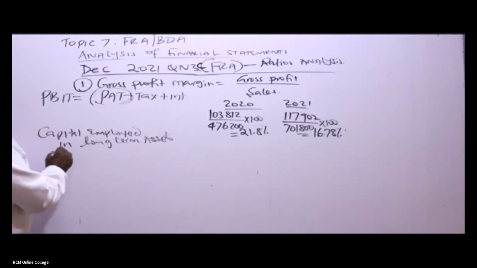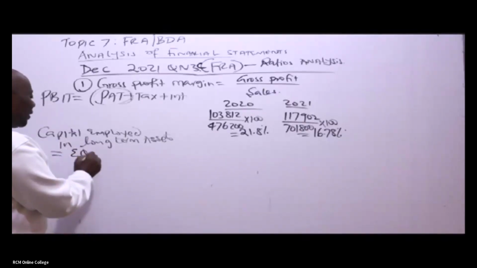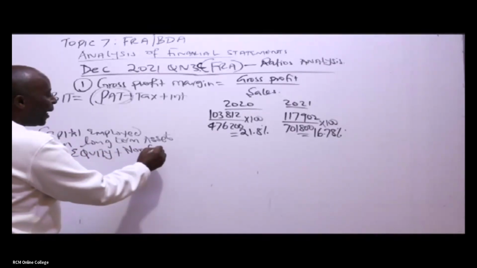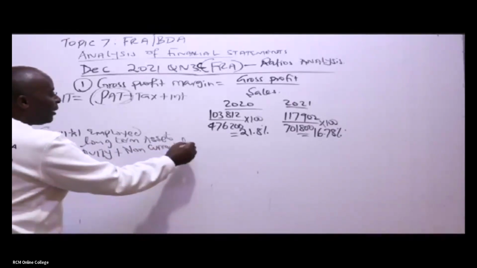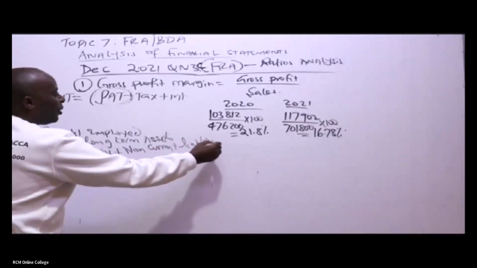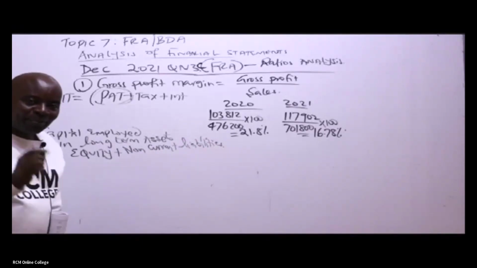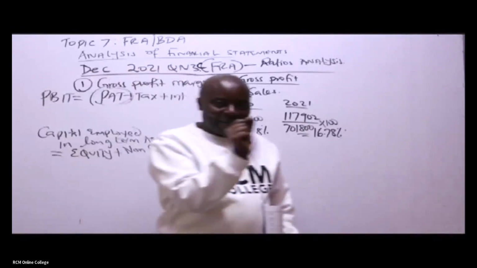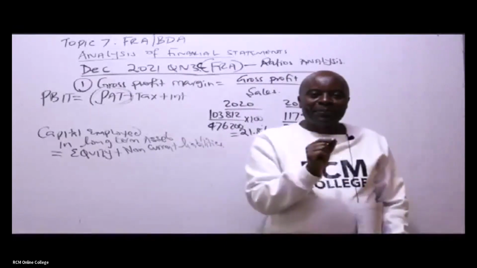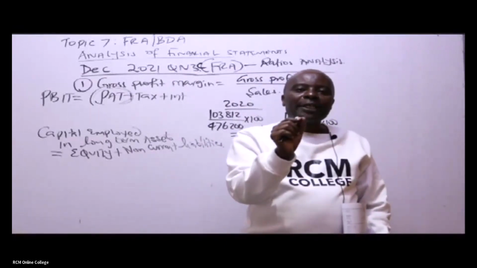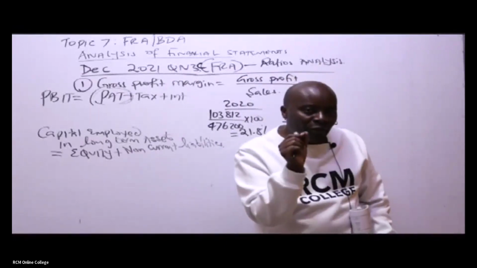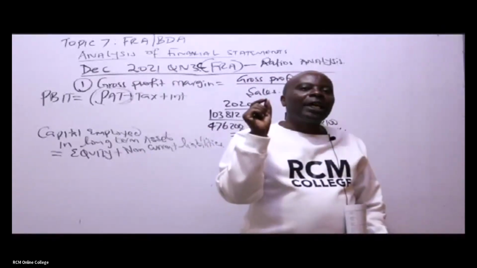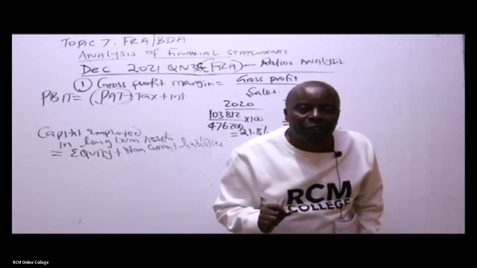The first way is to think about equity and non-current liabilities. This is what we call capital that is permanent, capital that will stay with us in the long term. This capital will be what has been given to us by the owners of the business, what we are calling equity, and of course the long-term debt providers.